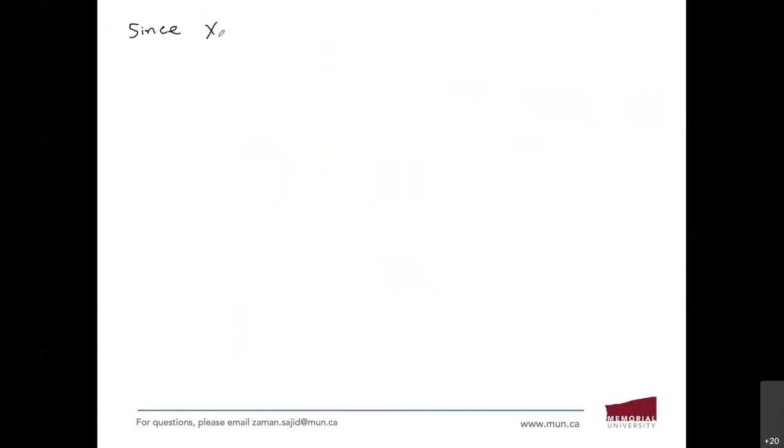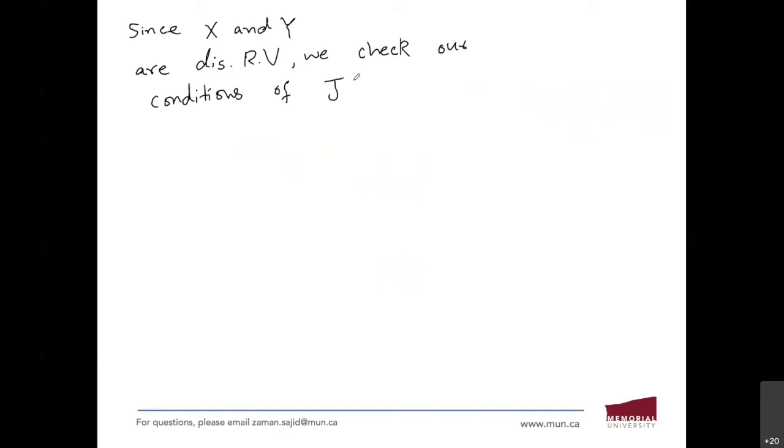Since x and y are discrete random variables, our conditions of joint probability distribution apply.